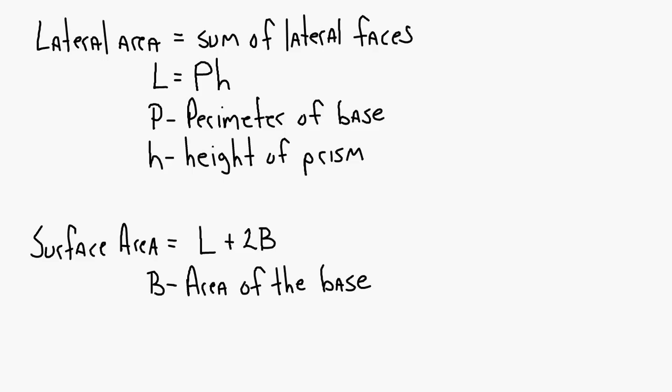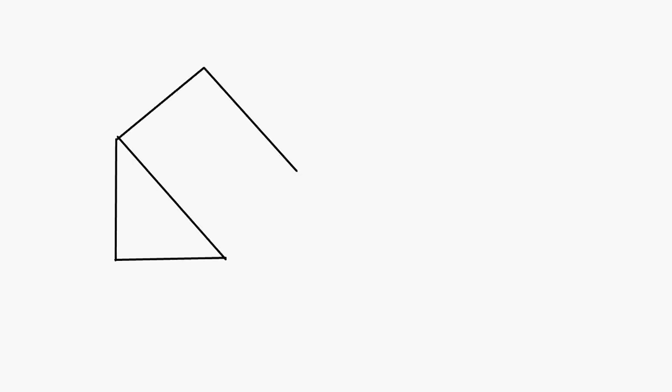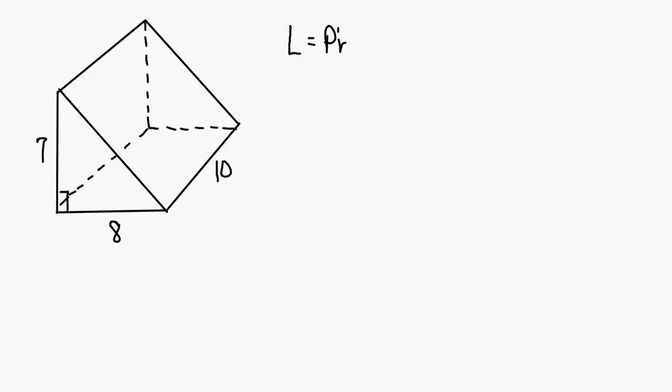All right, so let's look at a couple shapes. So in this prism, the first thing you want to identify is, if you're asked to find the lateral area, your lateral area equals the perimeter of the base times the height.